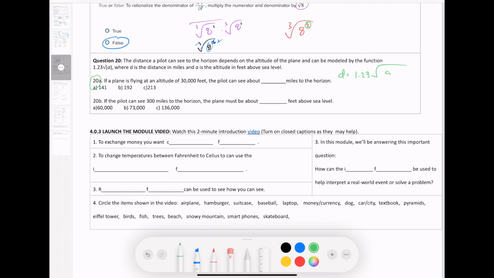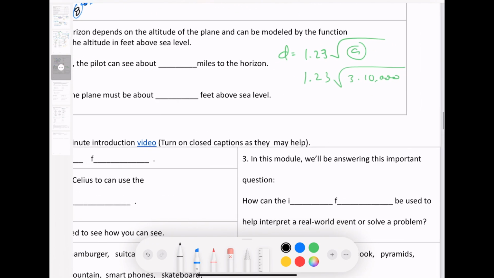If the plane is flying at an altitude of 30,000, so if I put in 30,000 for this, and again, the goal is to see if you can simplify these without using a calculator. So 1.23 times 3 times 100, because I have 2 zeros there, squared, and that's what this one is.